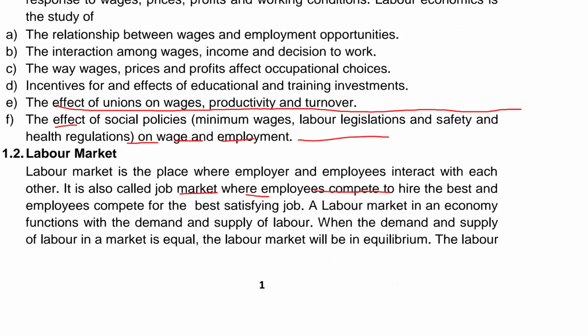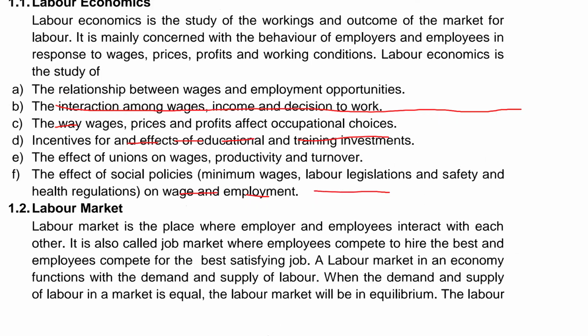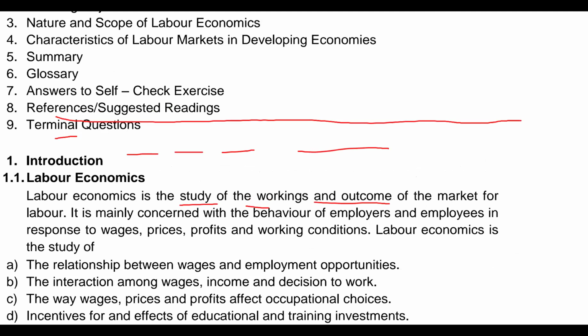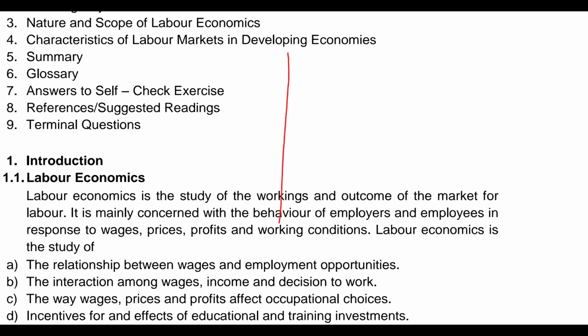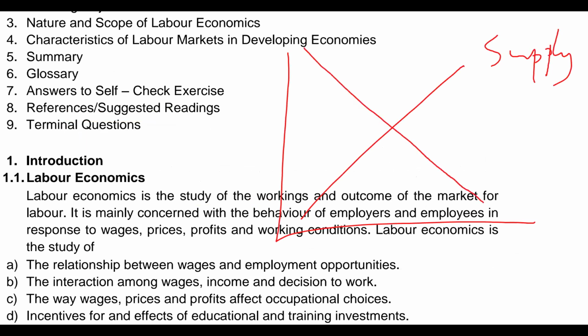Labor market equilibrium refers to the situation where the labor that has been supplied by those people looking for employment and the labor that is being demanded by the firms, those that want to hire, are equal.